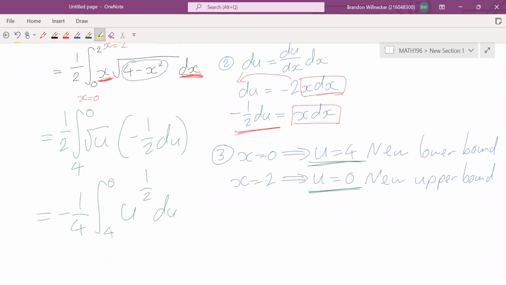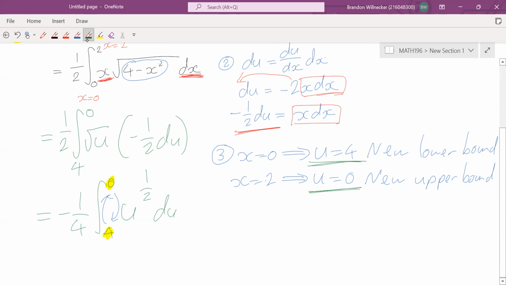Now notice the lower bound is bigger than the upper bound. Okay, we don't really want to work with that. Okay, it gets a bit messy later on because of all the minus signs. So we want the upper bound to be bigger than the lower bound. So we swap them around, but then we pick up a minus sign, because if you swap the bounds, you get a minus sign.